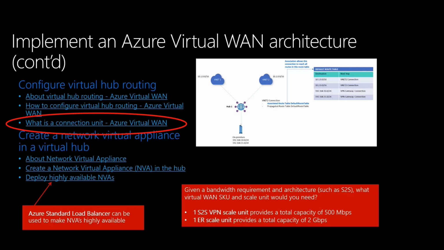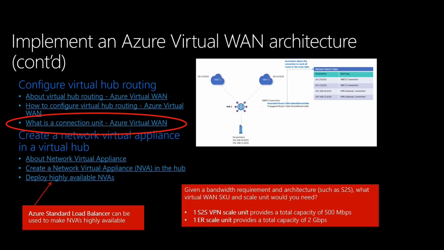Now, one thing that's very important, from a pricing and scaling perspective, you need to understand the concept of scale units and connection units. A scale unit, which is described in the box in the lower right, provides a unit for aggregate capacity of site-to-site, point-to-site, and ExpressRoute within a virtual hub.